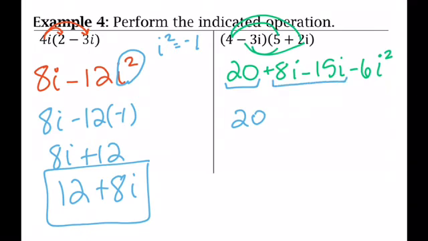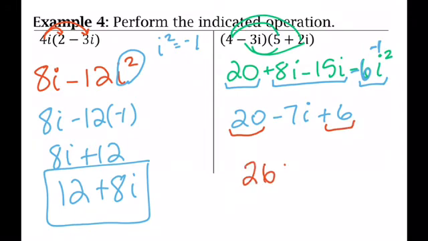These two right here are both i's, so I can put those together. But then the last part, the negative 6i squared, you need to remember that that's a negative 1. So I've got negative 6 times negative 1. The thing that people do wrong here is they'll just put minus 6. It's actually negative 6 times negative 1, so it's a plus 6. So be really careful with that. Now I can combine my real number parts. So I'm going to have 26 minus 7i.